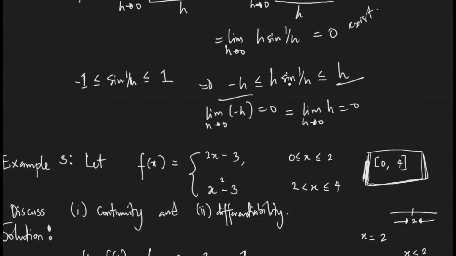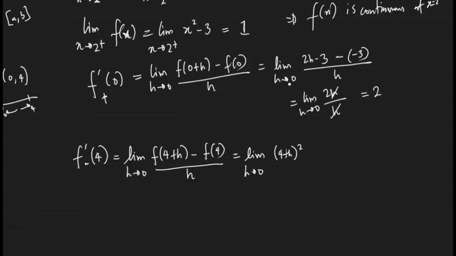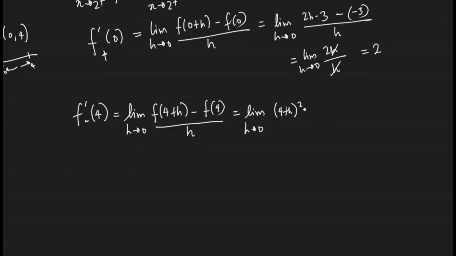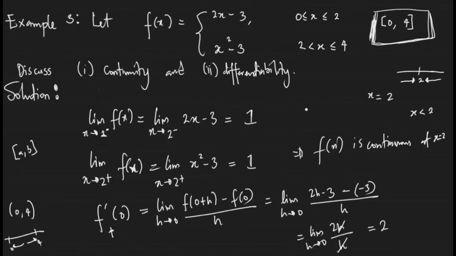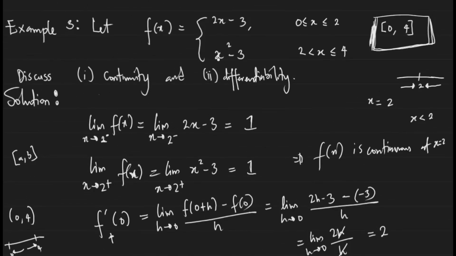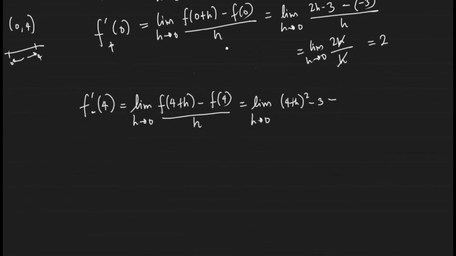So what we have there is x squared minus 3, so that will be 4 plus h all squared minus 3, then minus, if you drop 4 inside this thing, you will have 16 minus 3, which is 13.